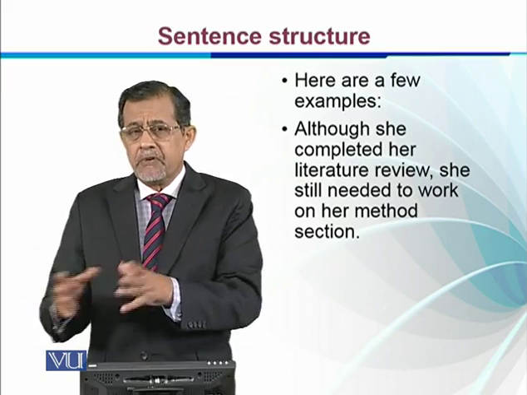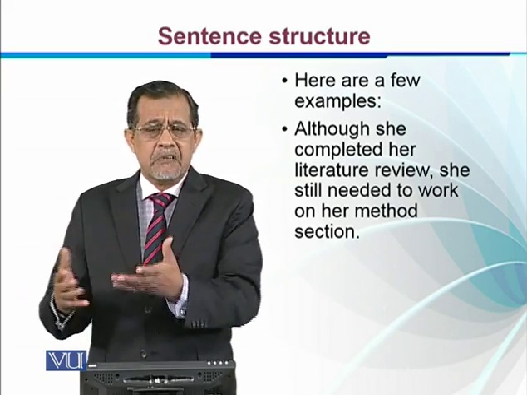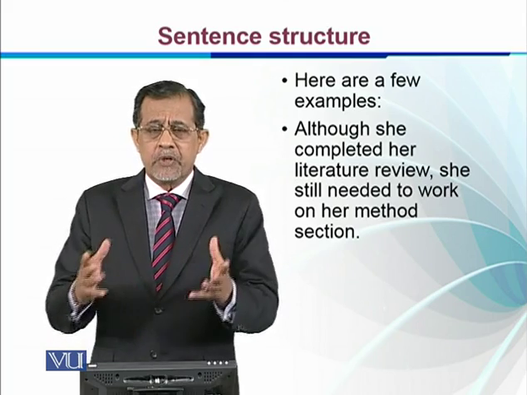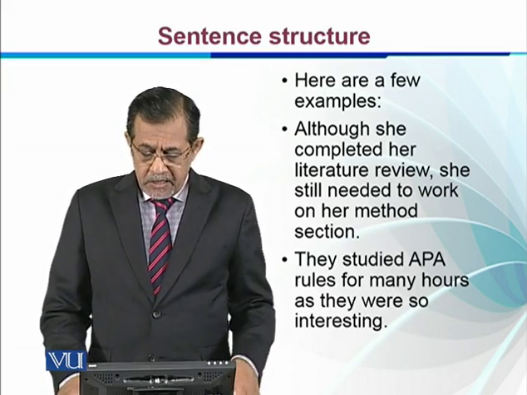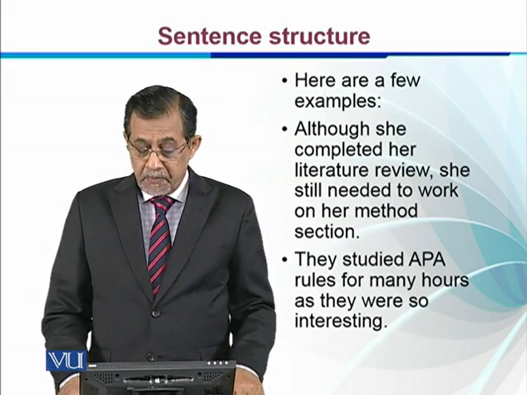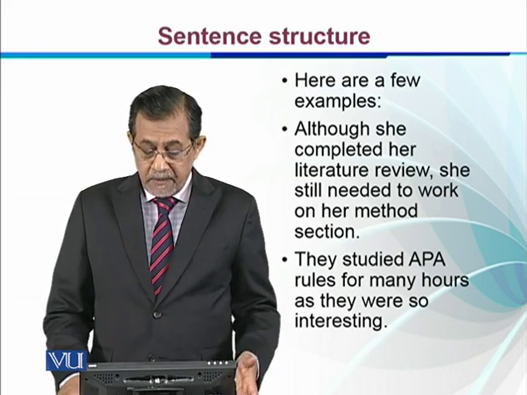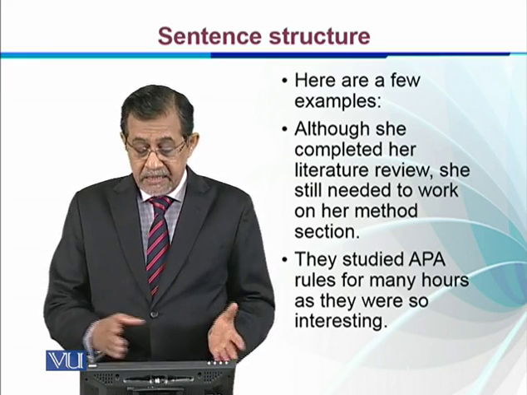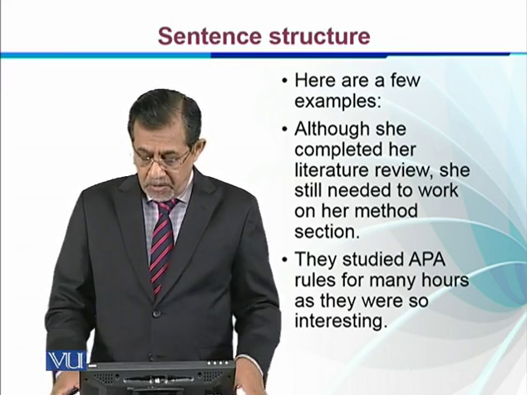Similarly, it can be an adverb describing the time, place, manner, or reason of the main verb. They studied APA rules for many hours as they were so interesting. Here, as they were so interesting is the dependent clause and there is no comma.